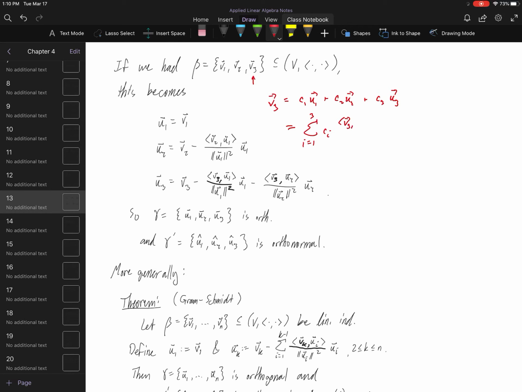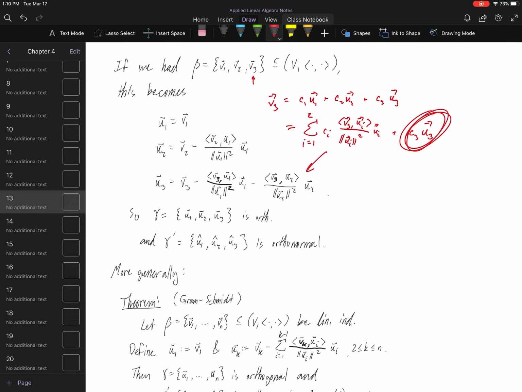Sum over i from 1 to 3 of Ci, and it'll be V3 with Ui over the length of Ui squared times Ui. Okay? But really, we just want the last component here. So I'm going to sum this out to 2, and then I'll have C3 times U3.